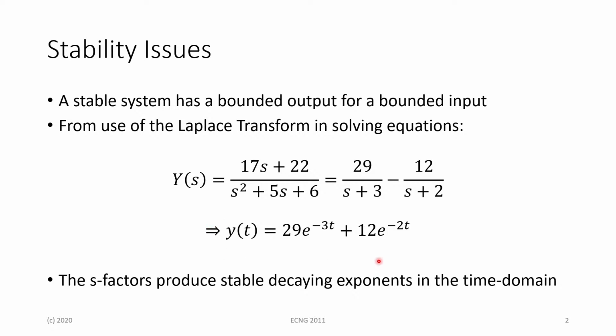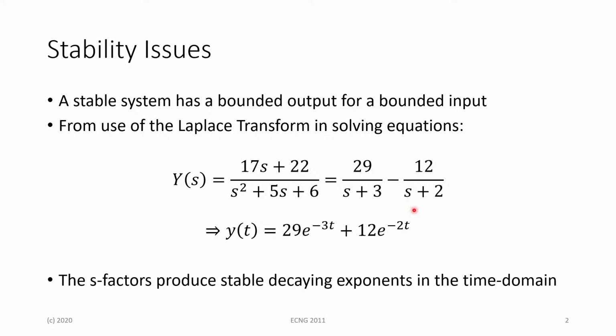What you may not have noticed, and which was briefly touched upon in the pole-zero lecture at the start of the semester, is that the factors on the denominator, which we refer to as poles, will help you determine the stability of the system. When we talk about the poles being on the left-hand side of the S-plane, that means these poles take a negative value. If we take s plus 3 equal to 0, that means s is equal to negative 3.